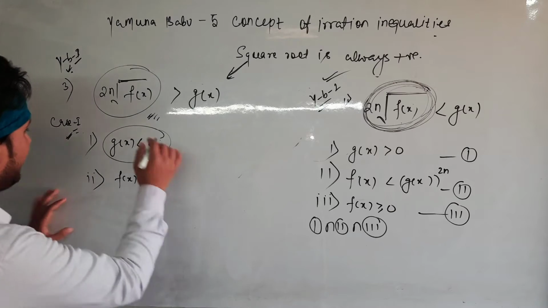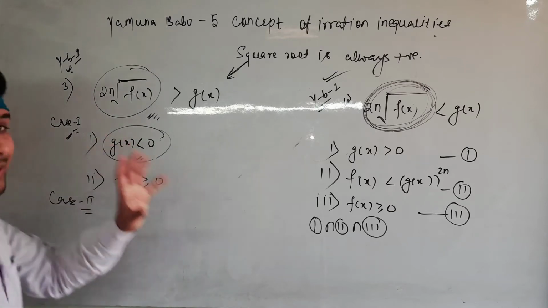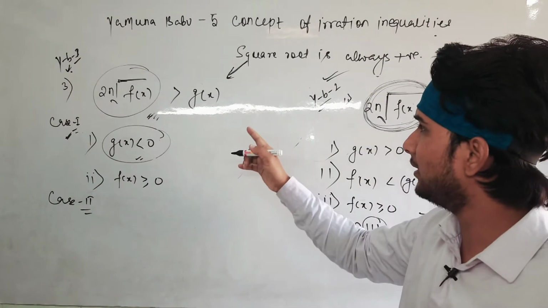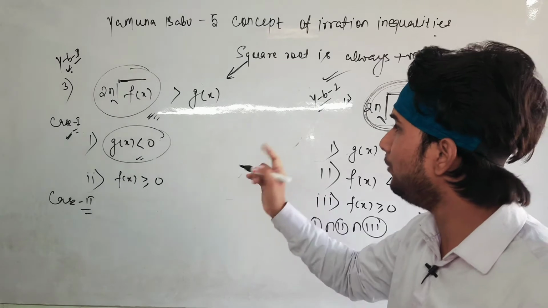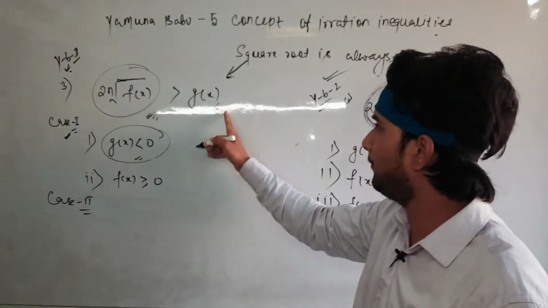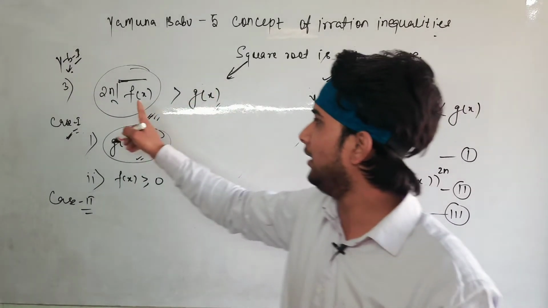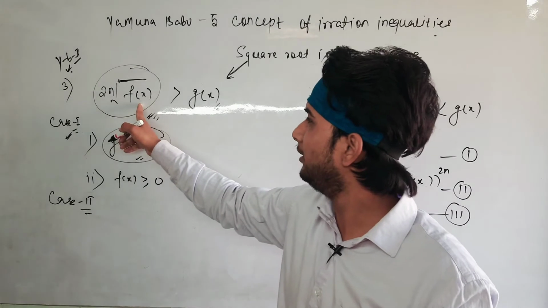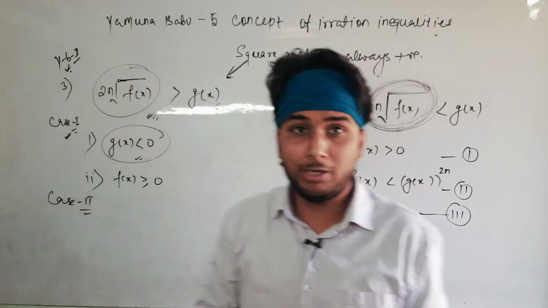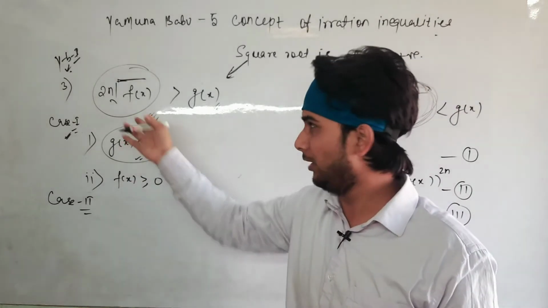And the second case, what does the second case say? When you take g(x) as positive, it means this is a positive expression, then it must be positive, because a square root is a positive expression.